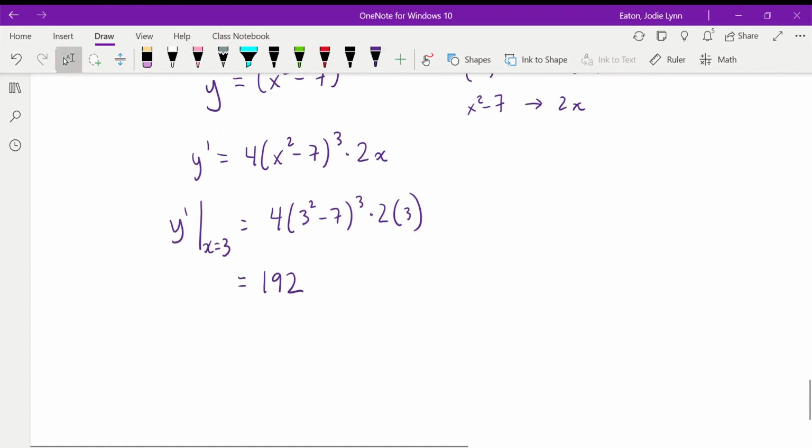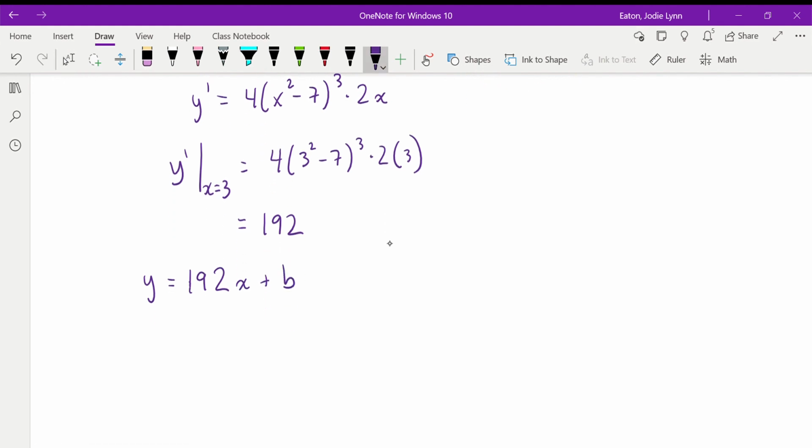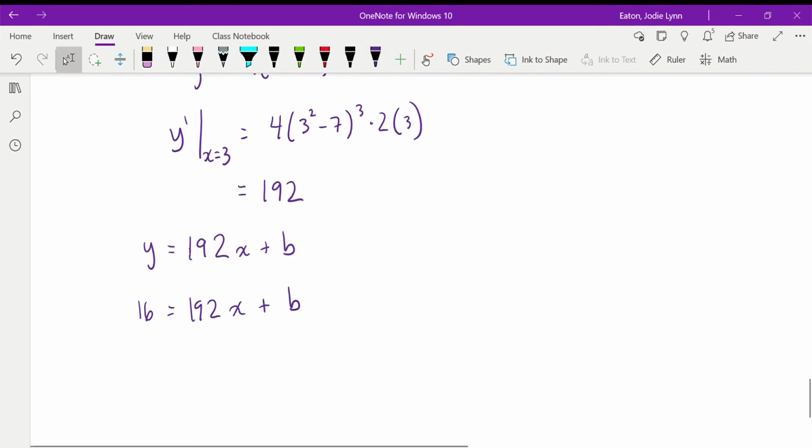So we're going to come up with the equation of a tangent line. We're not done yet. We've got our slope. It's quite a steep slope, as you can see. A slope of 100 would probably be pretty indistinguishable from a vertical line if you were just looking at it. So we've got y equals 192x plus b. We have a 3 and a 16, so 16 is 192x plus b, and we're going to plug in 3 for x.